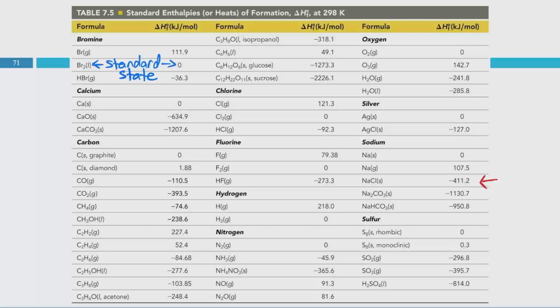For chlorine, the one with a 0 is Cl2 as a gas. So if we didn't remember that horses need oats for clear brown eyes, or Brinkelhoff, or H7, or whatever mnemonic device for our diatomic elements, we would find it in our table. Cl2 has a standard heat of formation of 0. So Cl2 is going to be the one that we're going to write in.